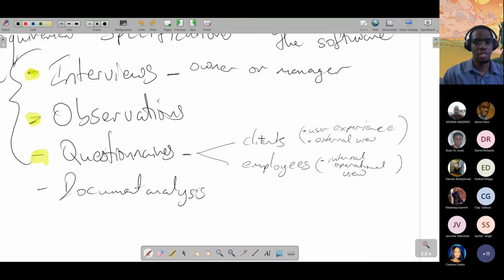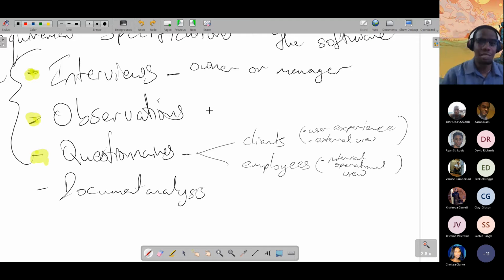And the goal is to make everybody get a consistent experience. So this is a way of getting some secondary information, right? As the investigator, you get people's reports or people's experiences.